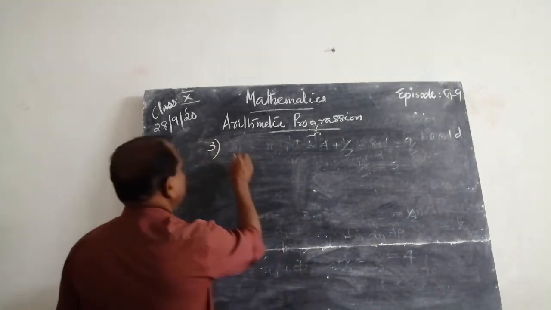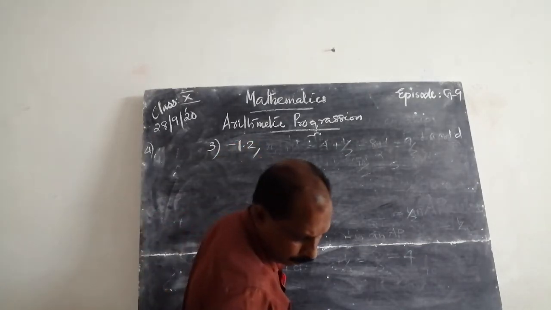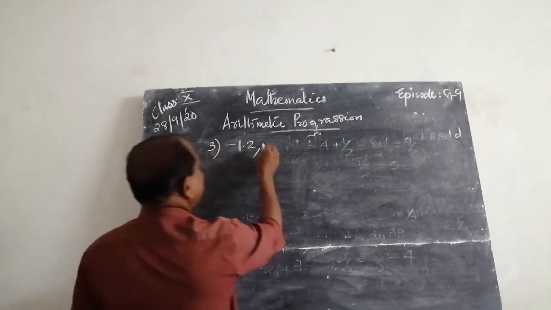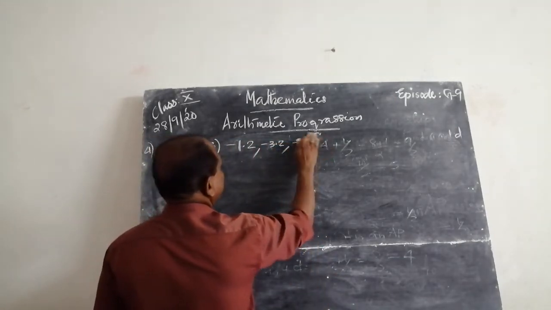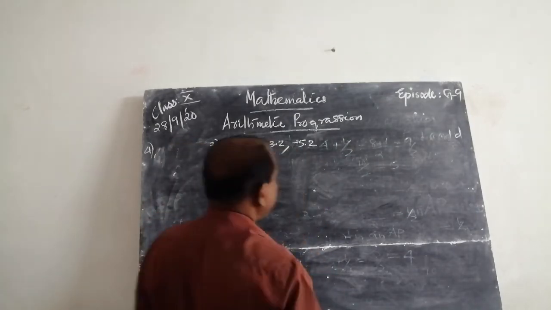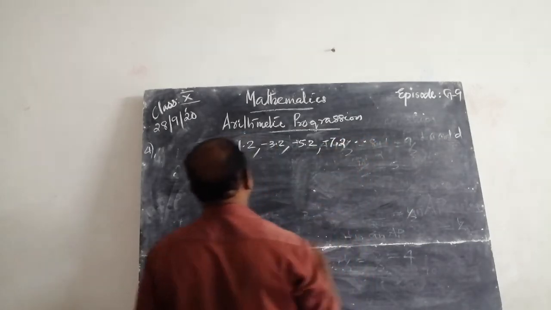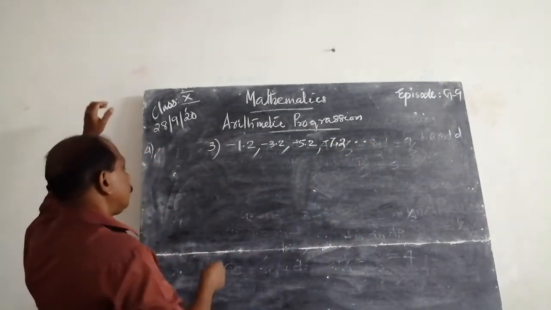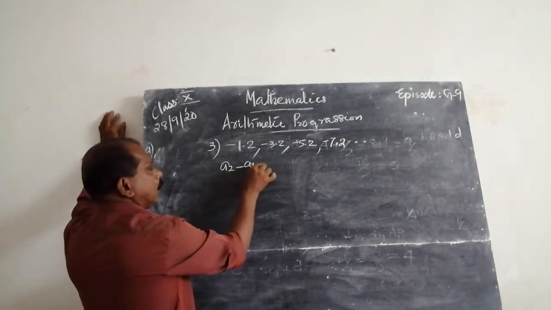Minus 1.2, then minus 3.2, then minus 5.2, minus 7.2, etc. Similarly, A2 minus A1 is equal to, that is the answer.